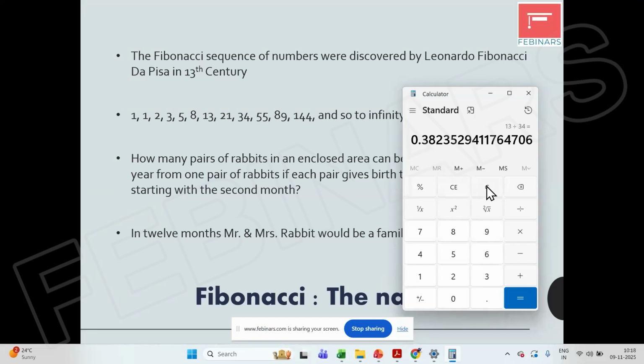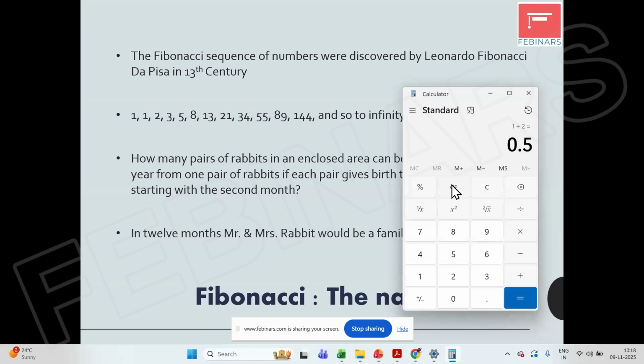This is the power of the sequence of numbers. 34 divided by 89, 0.382. 89 divided by 144, 0.618, which is the golden ratio. This is how the calculations are done.